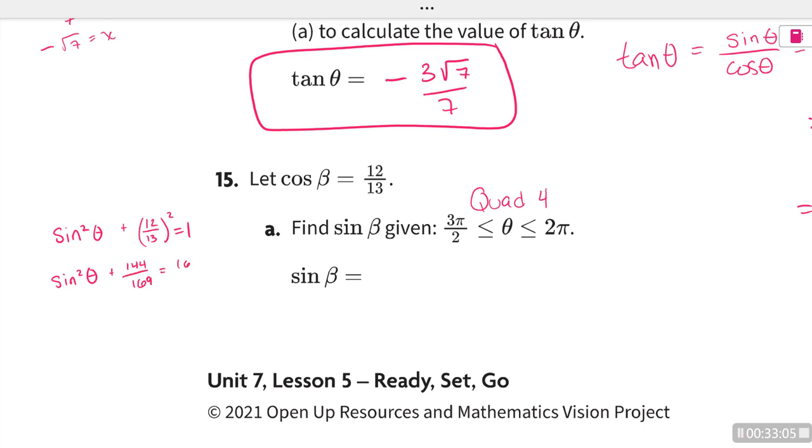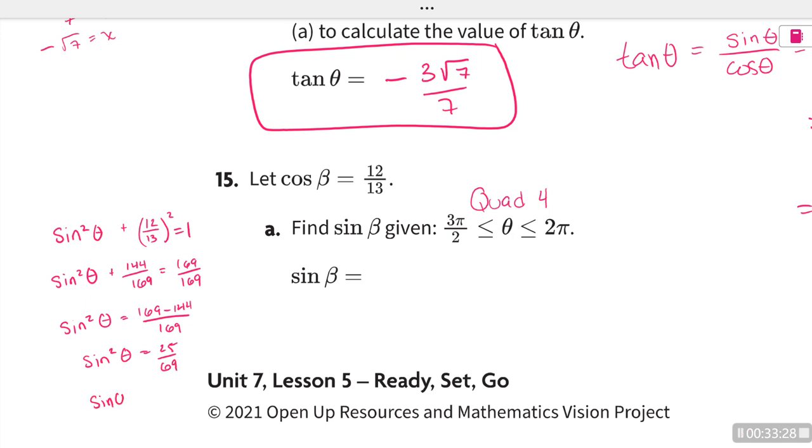I'm going to write my 1 as 169 over 169. Okay, so sine squared theta equals 169 minus 144 over 169. I'm subtracting those tops. Sine squared theta equals, well, that gives us 25 over 169.